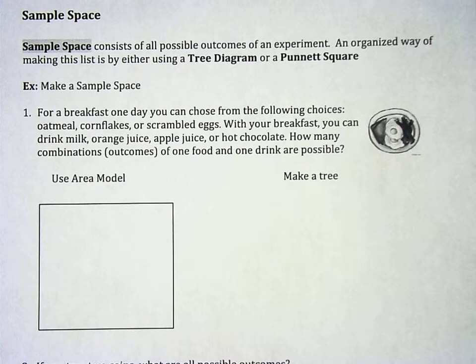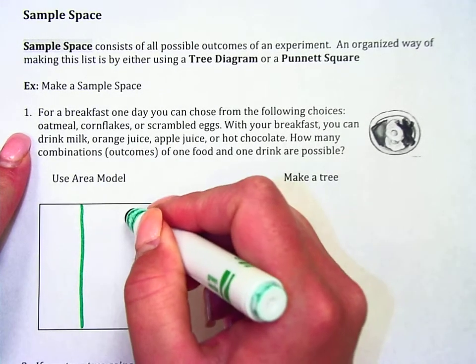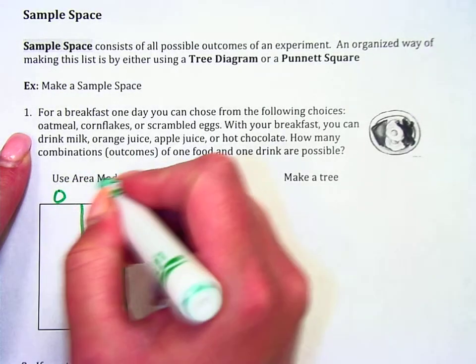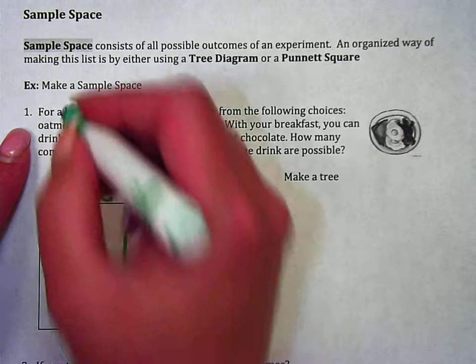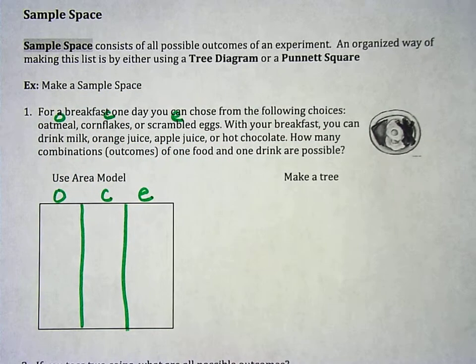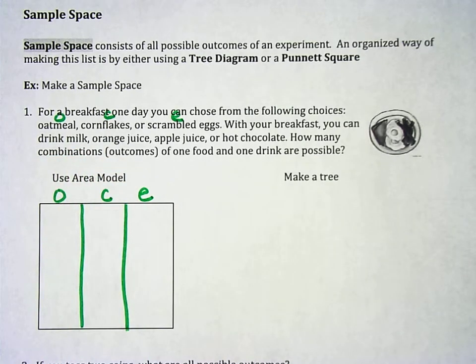So my area model is what a lot of us think of as lattice when you're multiplying. So I'm going to make a list. I had three options: oatmeal, cornflakes, or scrambled eggs. We'll just do E for eggs. So this is my O, C, E. Then I'm going to multiply that by, I had options for milk, orange juice, apple juice, or hot chocolate.